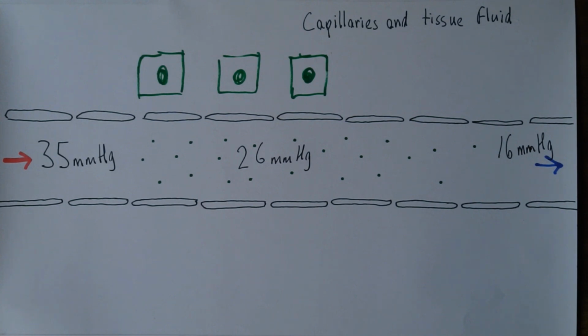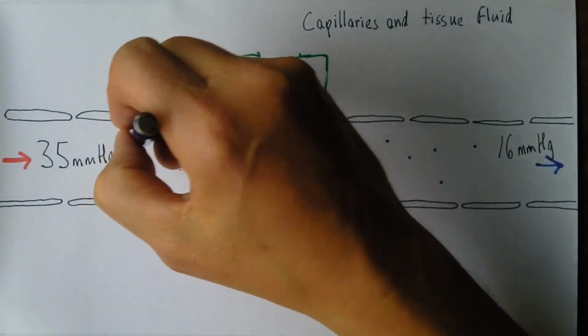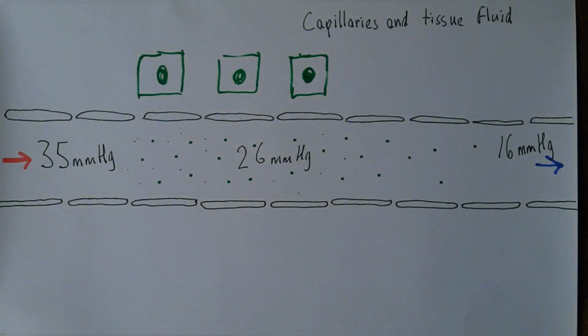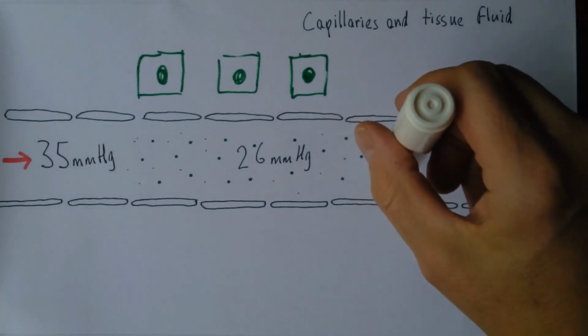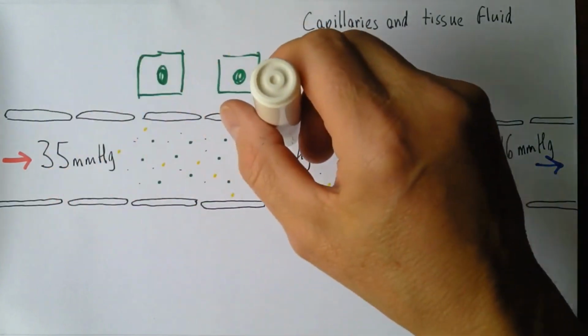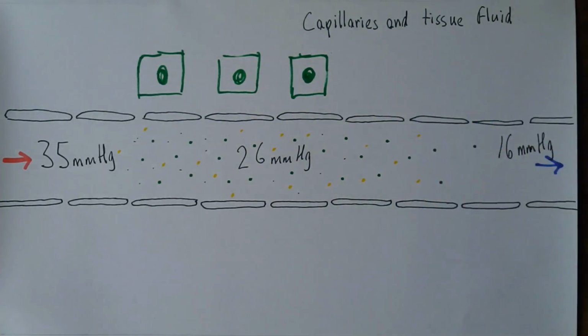Now, of course, you know that there's lots of water molecules in plasma as well. And you'll know that there's other substances in here, such as ions. So there's lots of ions as well: sodium, potassium, chloride, a little bit of magnesium, a little bit of calcium.